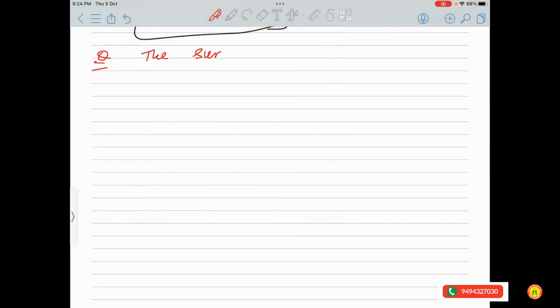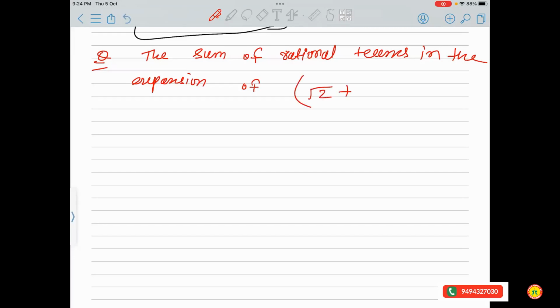The sum of rational terms in the expansion of (root 2 plus 3 power 1 by 5) power 10 is. You can also write it as 2 power 1 by 2.